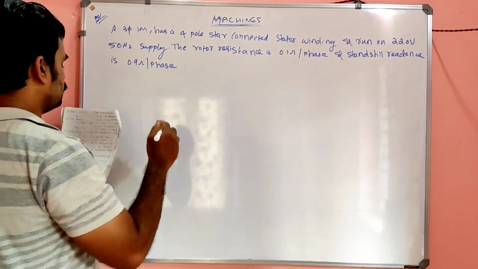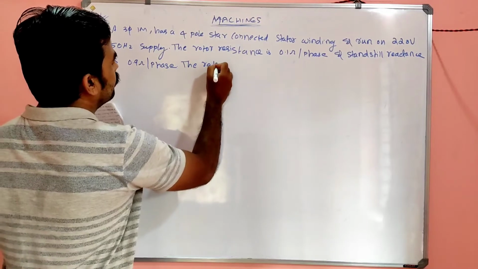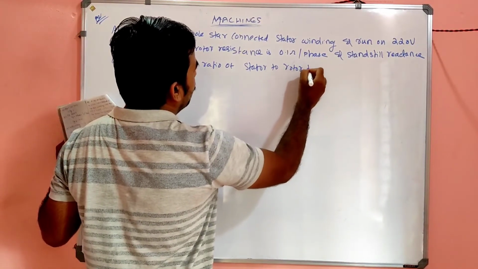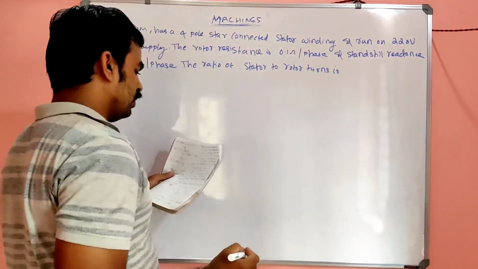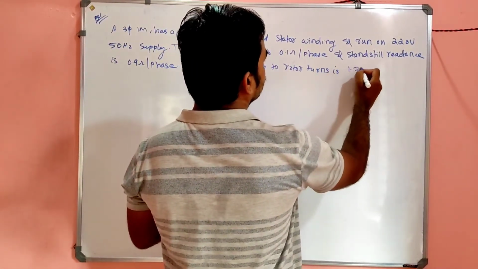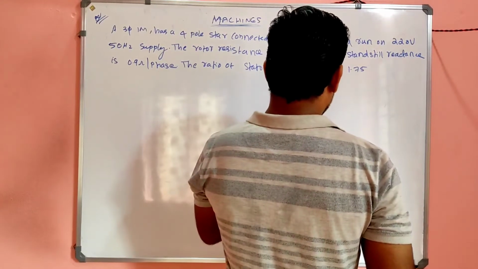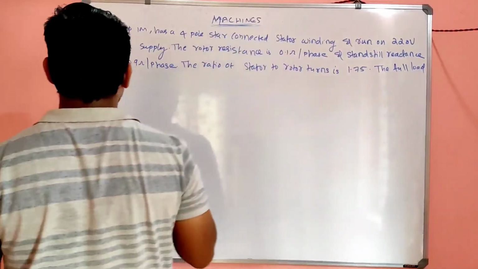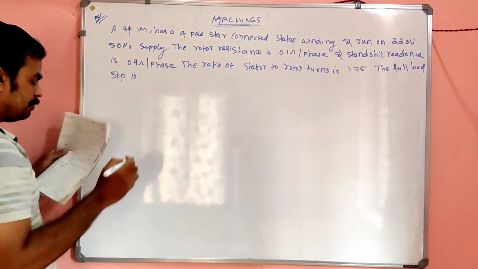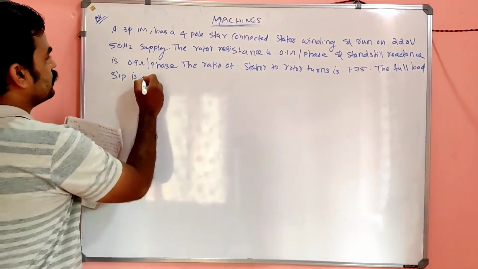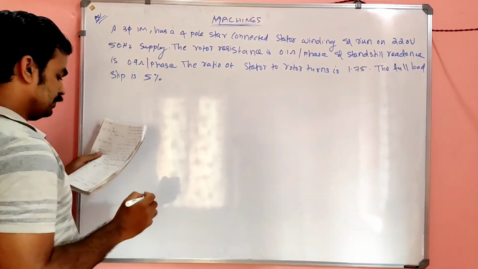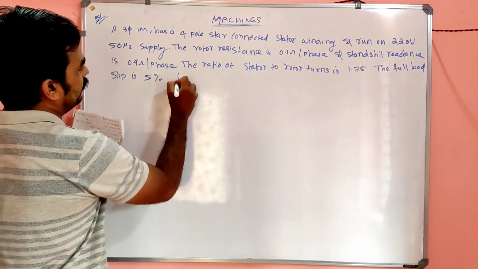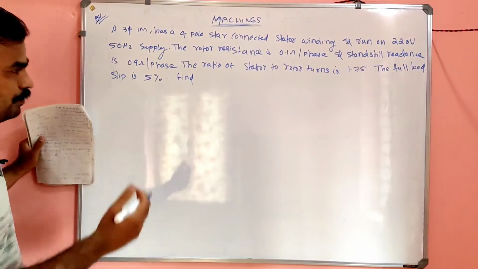The ratio of stator to rotor turns is 1.75. Full stop. The full load slip is 5%. Full stop. Find the full load rotor impedance per phase. Again, so many are there, and we can do one by one.